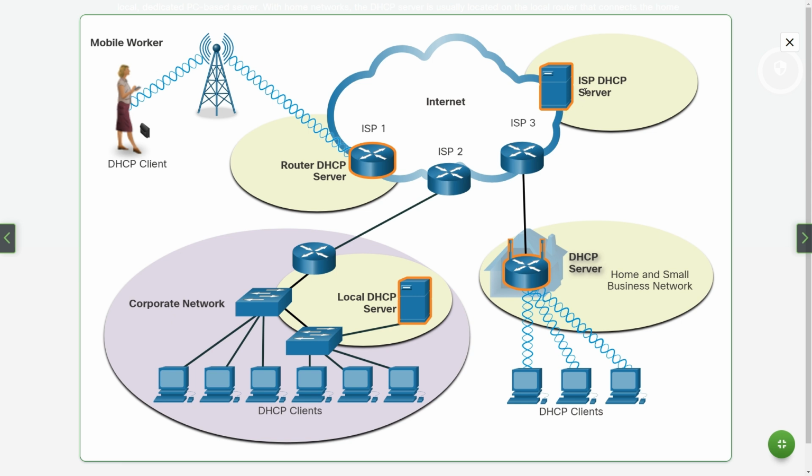This is the Internet Service Provider DHCP server. Okay. Corporate network, local DHCP server. This is a switch and the clients. And this is another DHCP server, home and small business network.